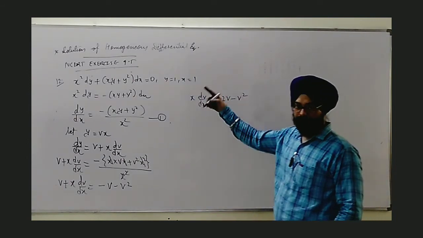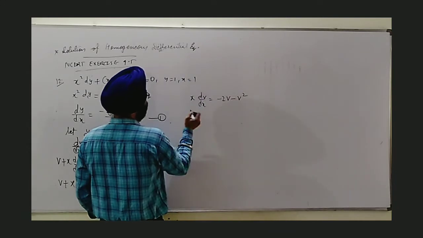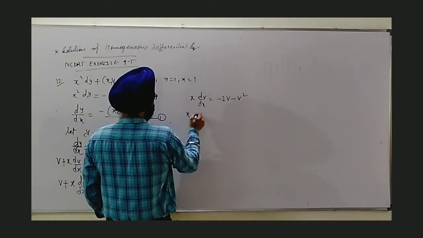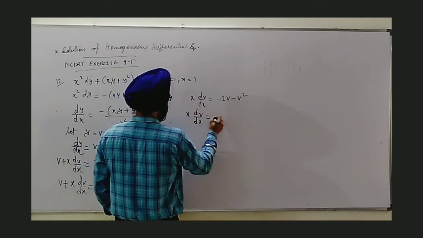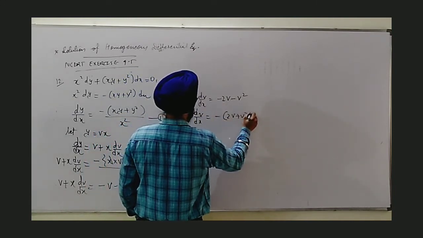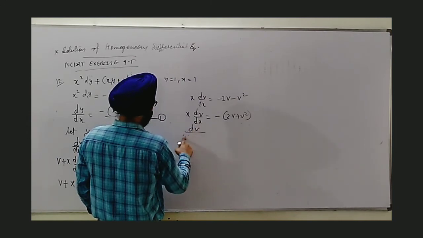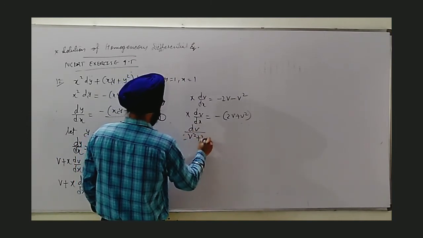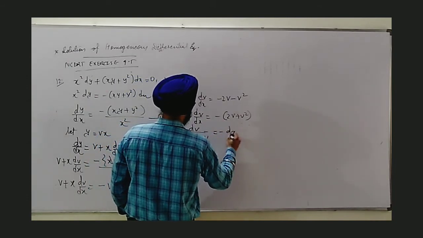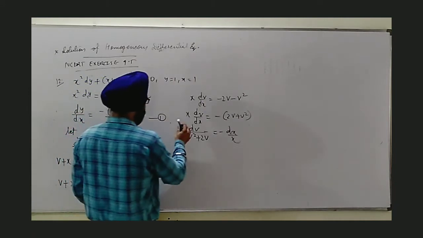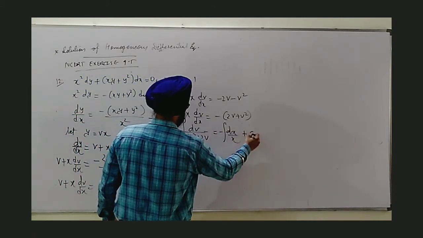Now we can club this with dv. Let us take minus common first and let me explain. We can make it convenient like 2v plus v square, and here we can write dv upon v square plus 2v equal to minus dx upon x. Purpose, we will integrate here plus c.